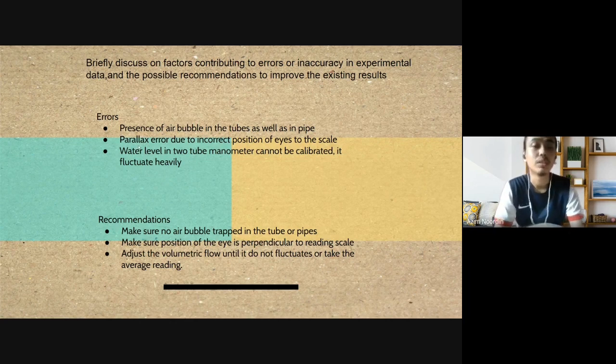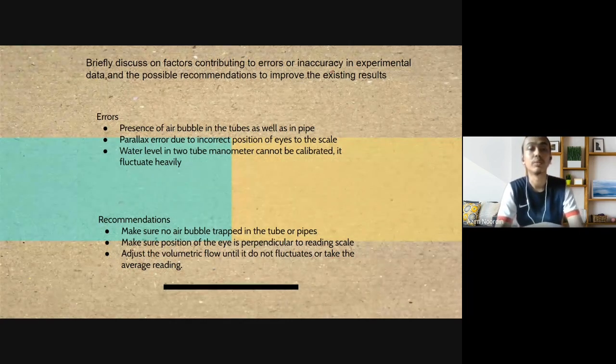The second is parallax error due to the incorrect position of the eye relative to the scale when reading from the meniscus. The last one is that the water level in the tube manometer cannot be calibrated if it fluctuates heavily.